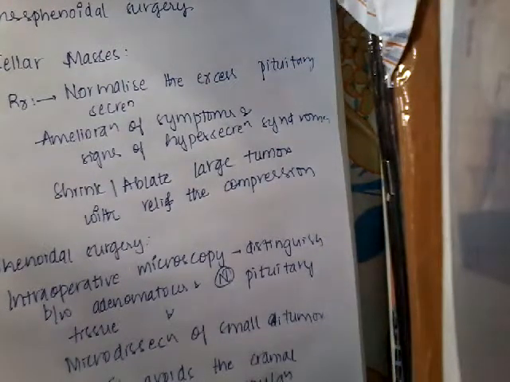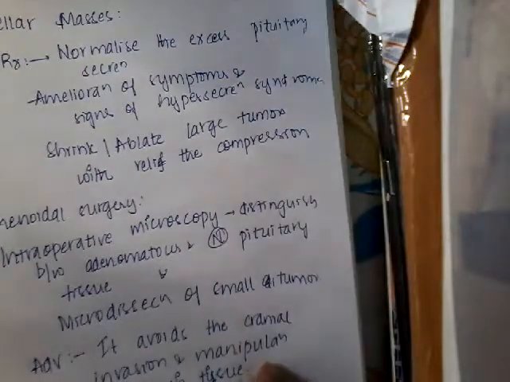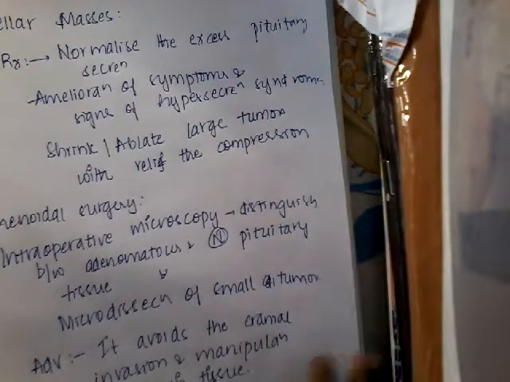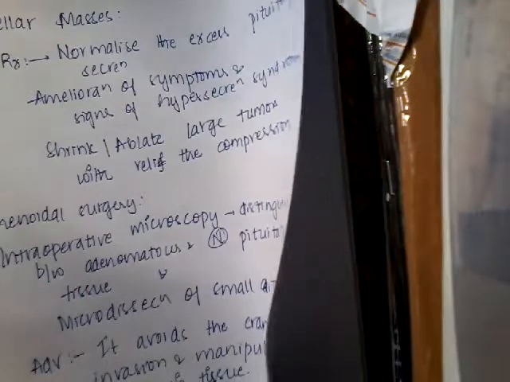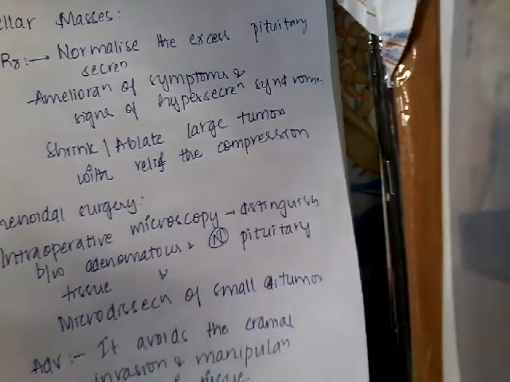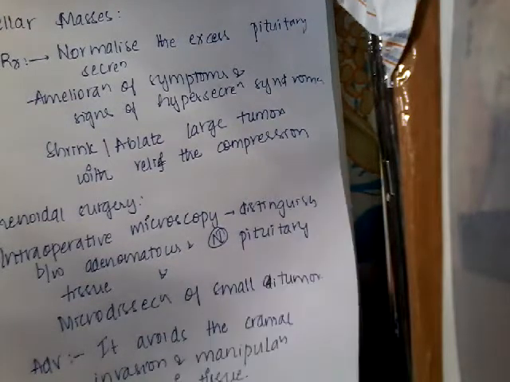So the brain tissue manipulation is avoided, and cranial invasion is also avoided. So that is the first important thing in this. So it will correct the hypersecretion, and even mass lesions can also be corrected. Once the mass is removed, then the hypersecretion is obviously corrected.